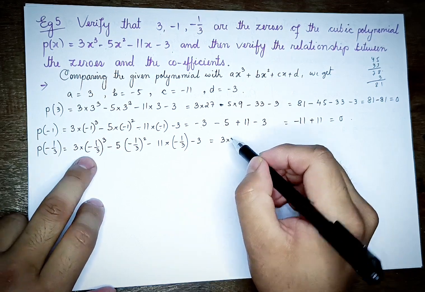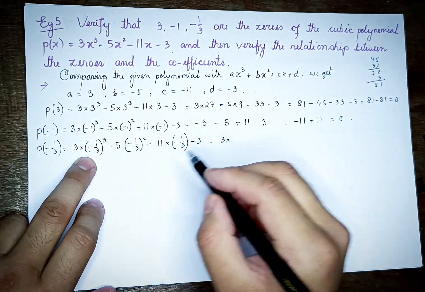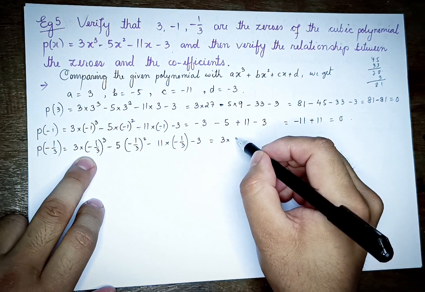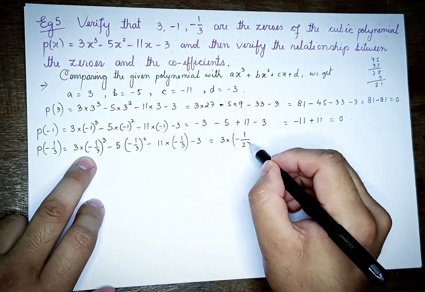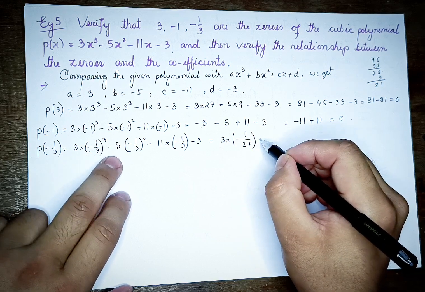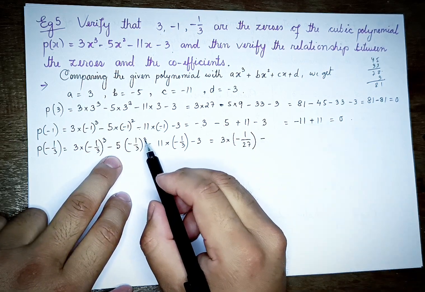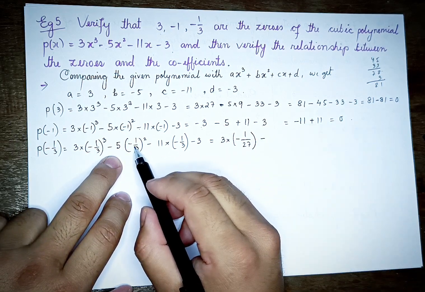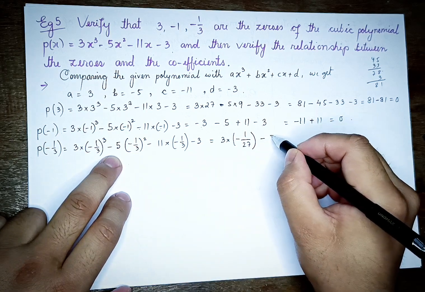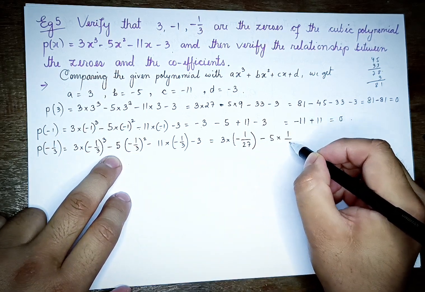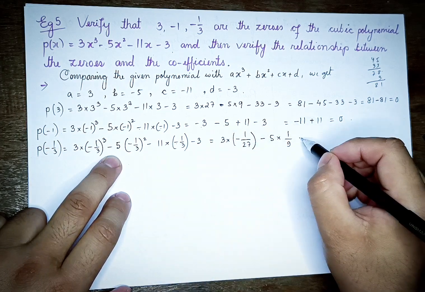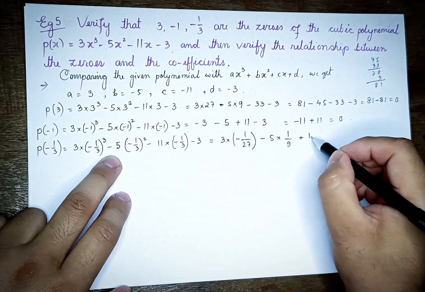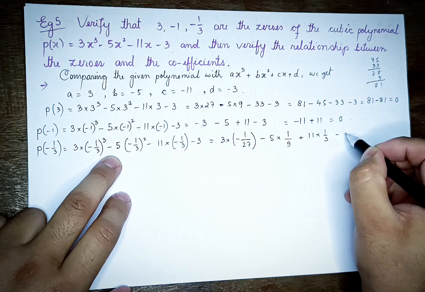Here the power is odd, so it gives minus 1 cubed, we get 1 by 27. Minus, here the power is even, so it gives positive 5 into 1 by 9. Here the minus and the minus become plus, which gives 11 into 1 by 3 minus 3.